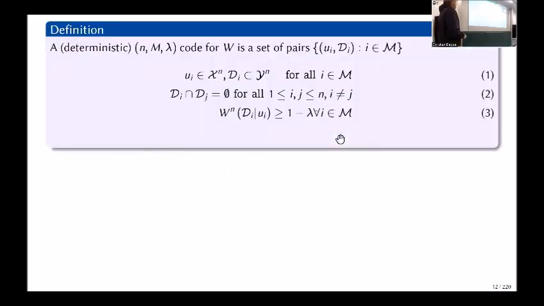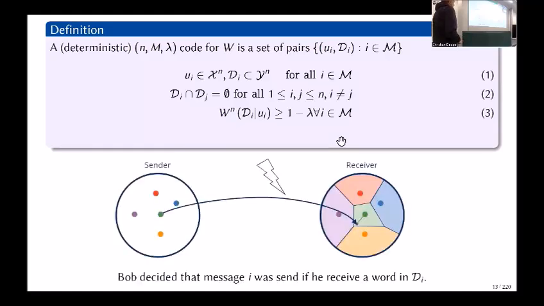To define this, we define a deterministic code. So in a deterministic code, each message belongs to a codeword. Here I denoted it by u_i, and this u_i is from the set X^n, that's the coding alphabet.